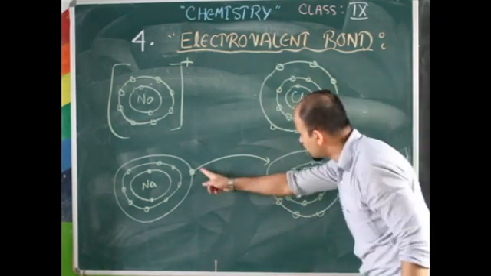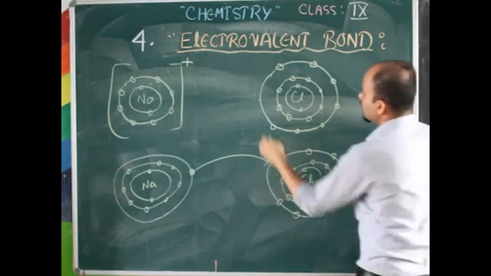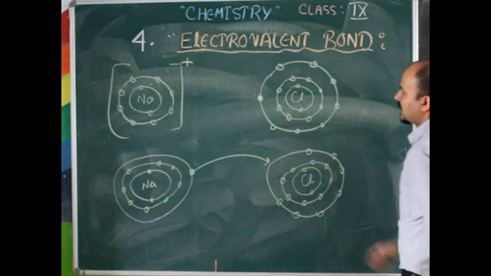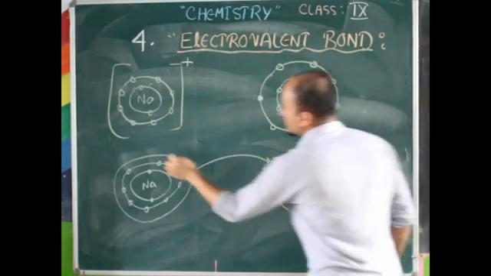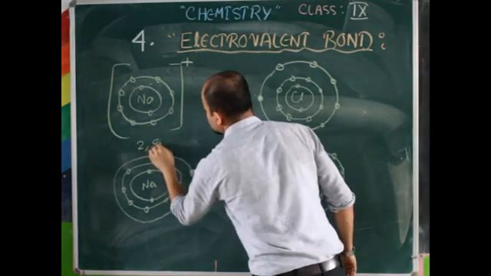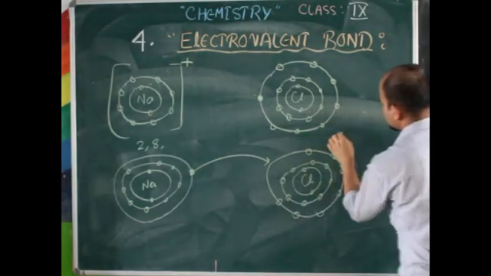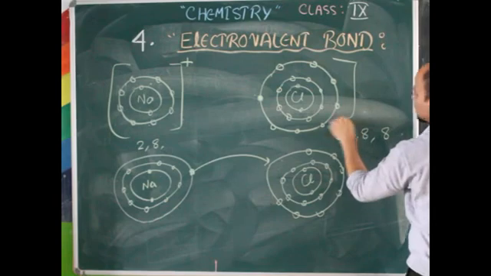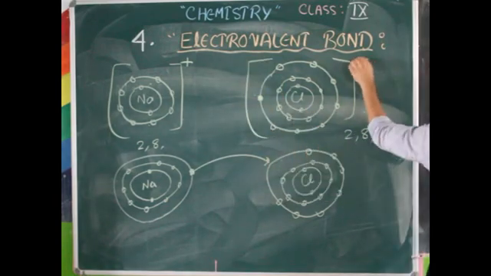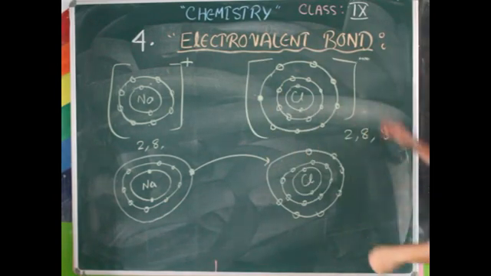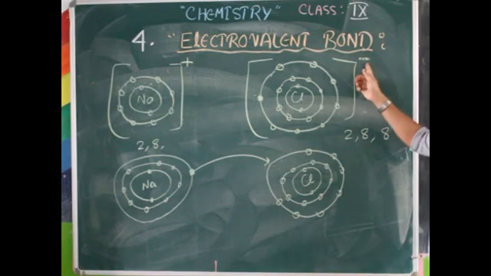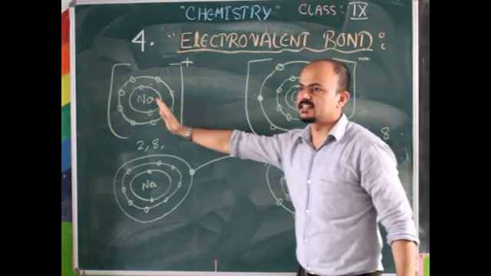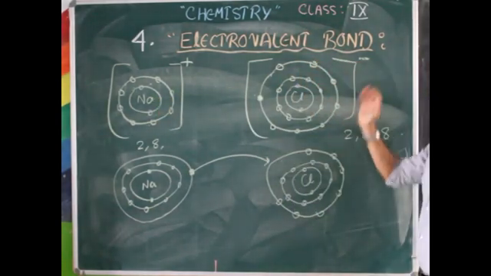Now since 1 electron has come from sodium to chlorine, this also contains 8 electrons. The electronic configuration of sodium is now 2, 8, and of chlorine is 2, 8, 8. Since chlorine has 1 excess negative charge, it is an anion. Sodium has turned into a cation and chlorine has turned into an anion.